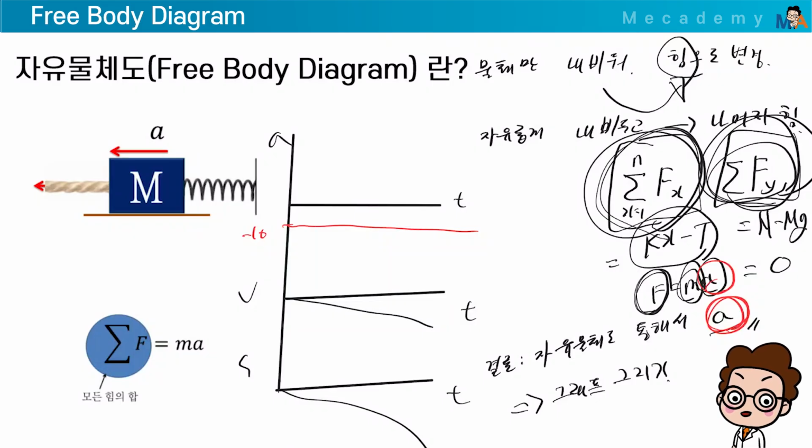To draw the graph, we find A, and to find A, we can use the formula F equals ma, but if various forces are acting, we find A using the net force equation. We'll be doing this process together from now on, constantly. So everything up to now has just been a warm-up. You've been drawing graphs and studying one-dimensional and two-dimensional motion, right?